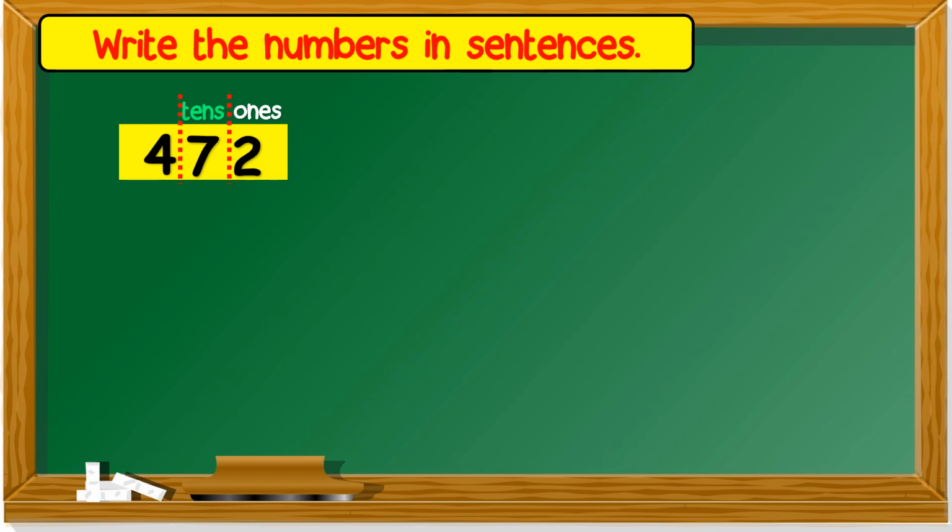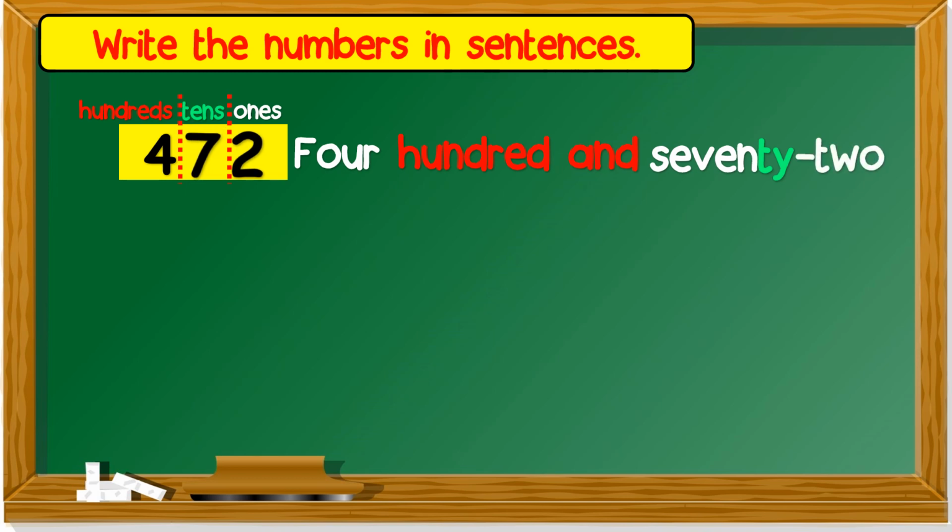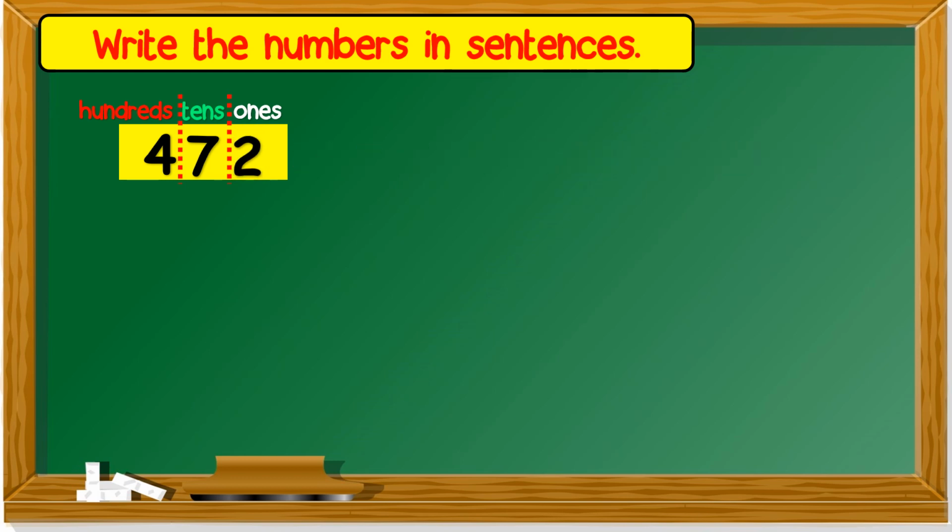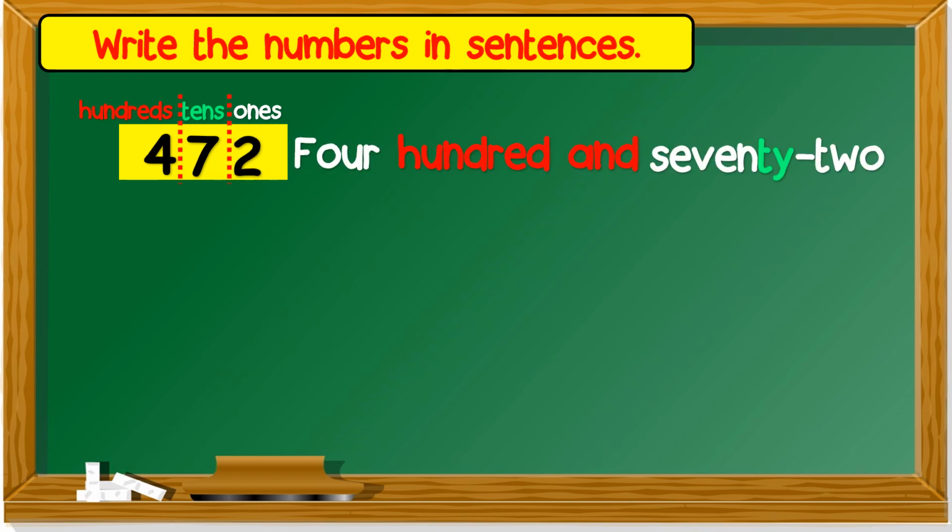The one on the left, hundreds. So, you can know how to write it clearly. You have 4 in hundreds, so you write 4 hundreds. And the tens, 7, you write 70. Ones, you write 2. So the answer is 472.